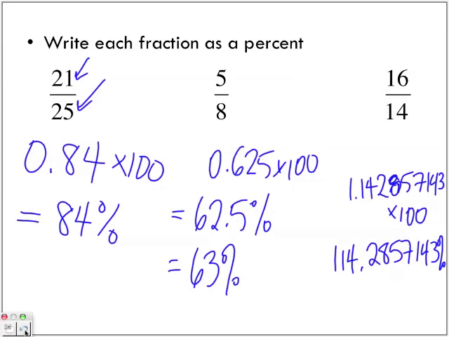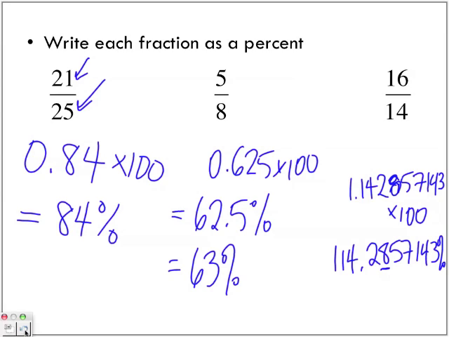So here's the question. I'm going to ask you to round off to the nearest hundredth. What we want to find out first is where is the hundredth? To go back to an older lesson, it's this 8.